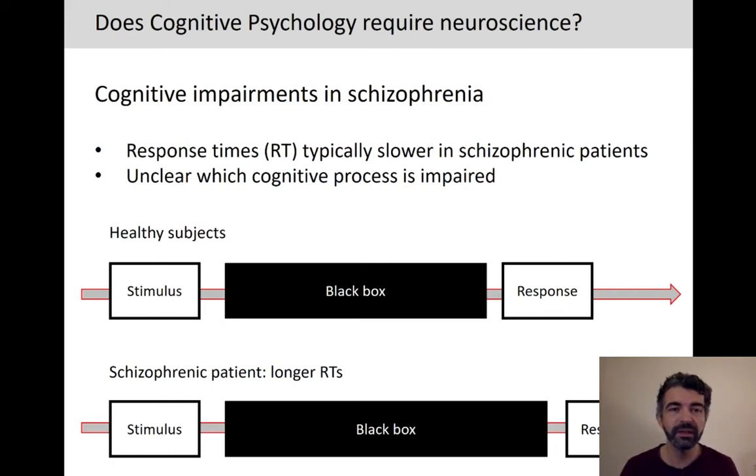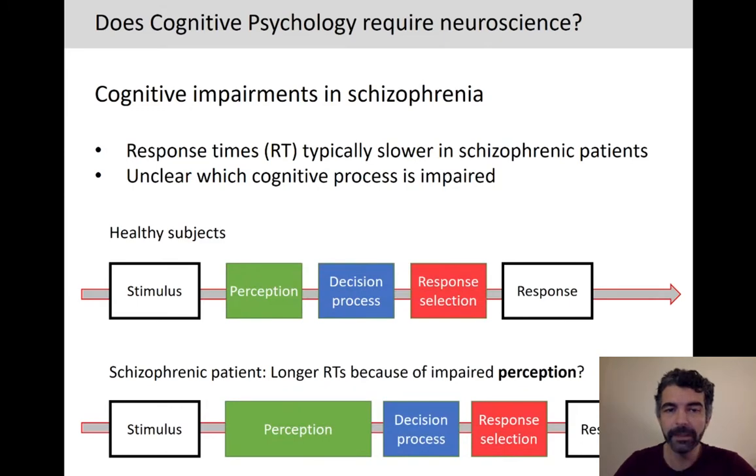Now, it is unclear which cognitive process actually is impaired, because there's quite a lot of processes that happen between stimulus and response. So we would like to open this black box and understand better which process is impaired in people with schizophrenia so that they can be treated more efficiently.